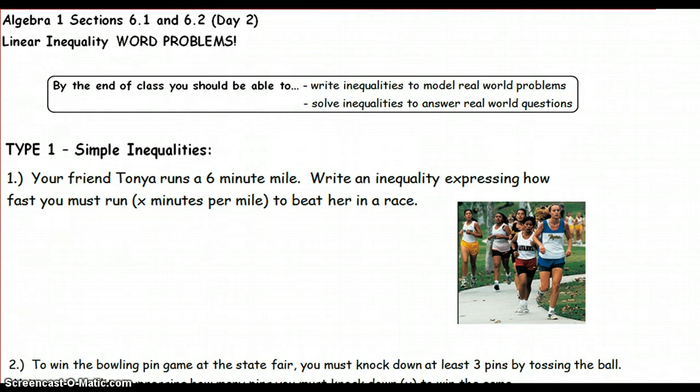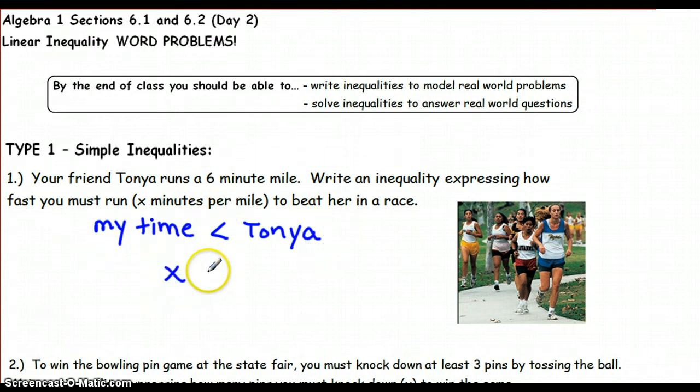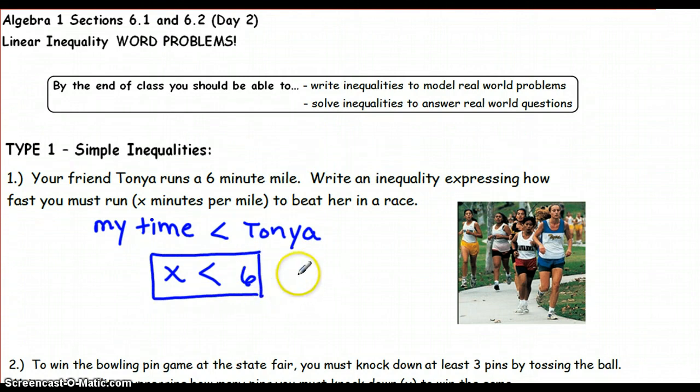We can set this up as saying that my time has to be less than Tonya's to beat her. Now, we don't know what my time is, so there's our variable. And we know that in order to beat her, we need to be less than Tonya's, which is 6 minutes. So our inequality is x is less than 6.